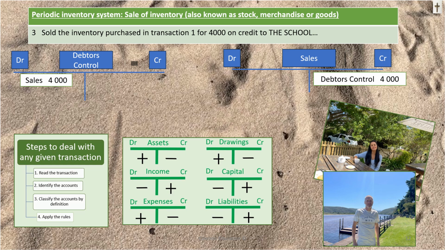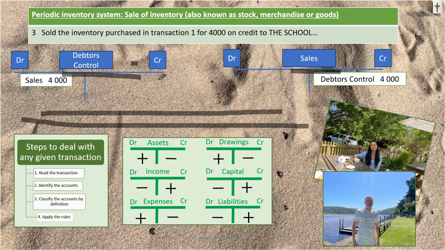We don't record cost of sales at the point of sale. This was on credit, so we debit debtors control and we credit sales. Remember, all these transactions do go through journals before they get to these T accounts, which represent general ledger accounts.